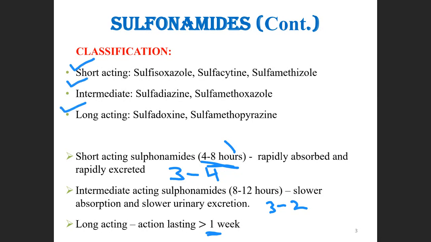Short-acting drugs are like sulfisoxazole, sulfacytine and sulfamethizole. Intermediate-acting drugs are like sulfadiazine and sulfamethoxazole, and long-acting drugs are sulfadoxine and sulfamethoxypyrazine.